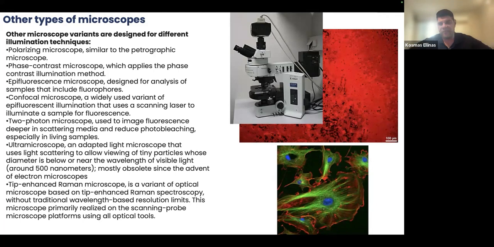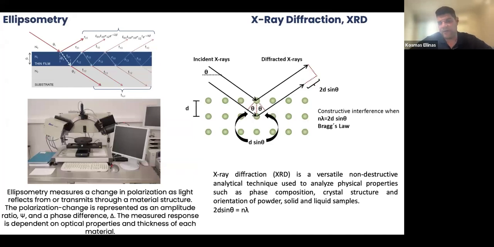So different types of microscopes, because of the evolution in the lenses and in the analysis software, can provide quite good information up to the micrometer scale. For film thickness or crystallinity, we have ellipsometry and XRD, X-ray diffraction.